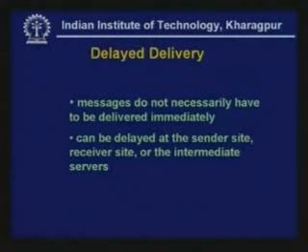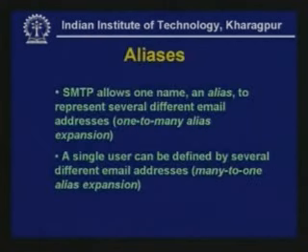But compared to other protocols like FTP or HTTP, with SMTP the messages may have to wait in some queues in some servers, either on the sending side, receiving side, or intermediate servers.